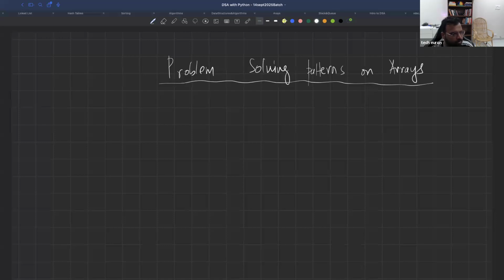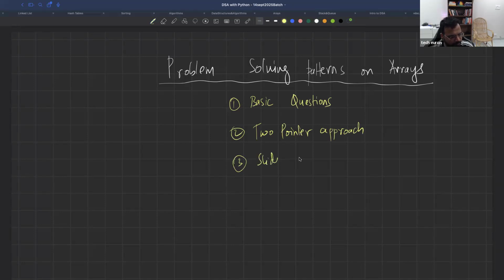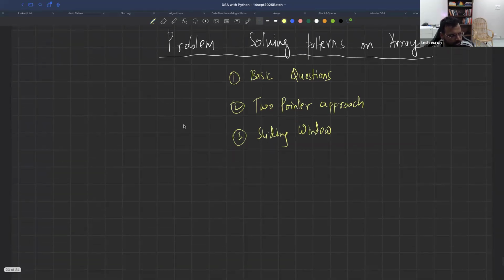So here what we will do, we'll do some basic questions. Then we will start with two pointer approach. So two pointer approach I have already shown you. Okay, but we'll do some more questions. Two pointer approach. Then we will do sliding window. Okay. Then we will do array plus set or dictionary.